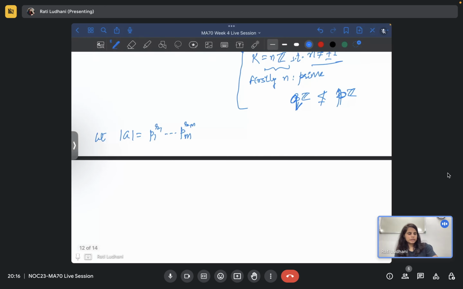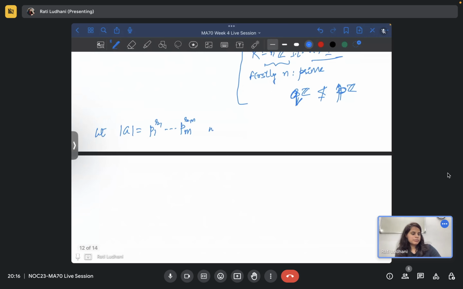I've just taken random numbers where the pi's are distinct, p1 to pm are distinct primes, right? And let's say r1 to rn belong to some set, whichever notation you like.